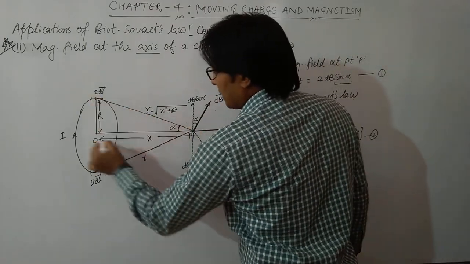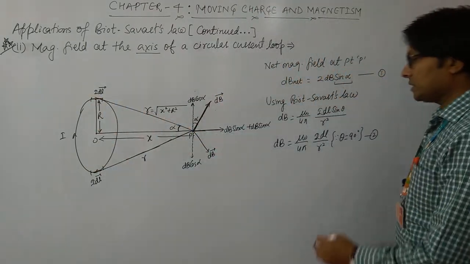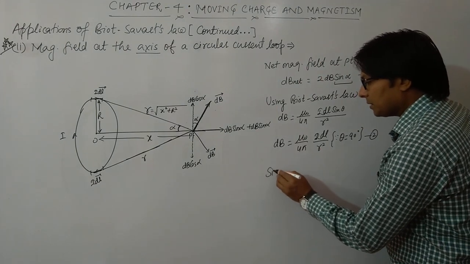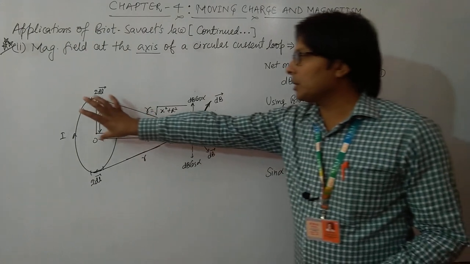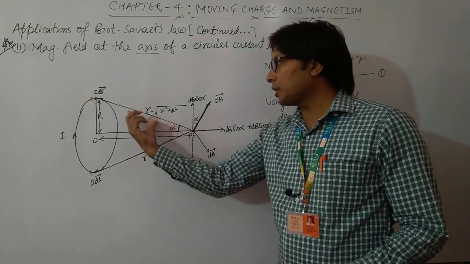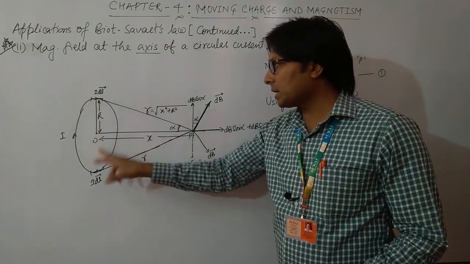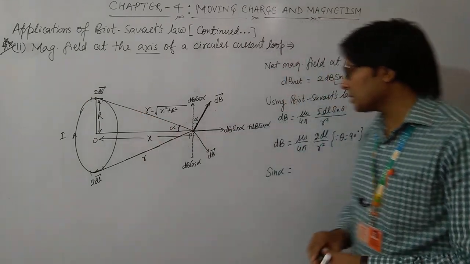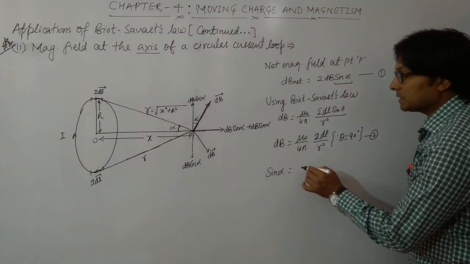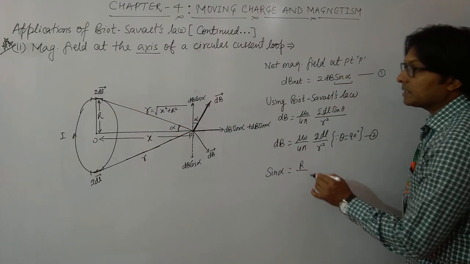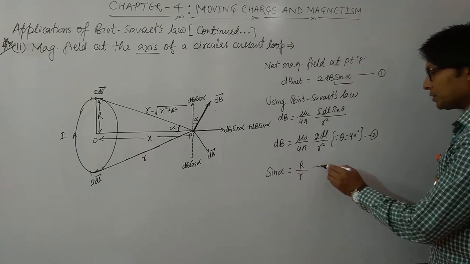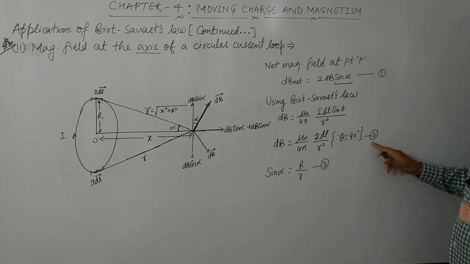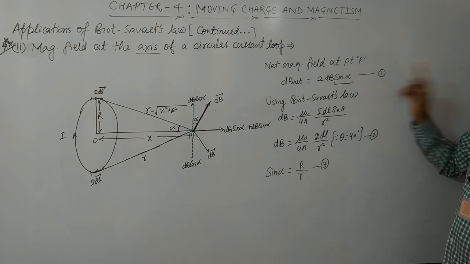This is a right angle triangle, and from here you can say sine alpha is equal to perpendicular upon hypotenuse. So perpendicular is R and hypotenuse is small r. So sine alpha is capital R divided by small r. These two values we will put from equation second and equation third into equation first.